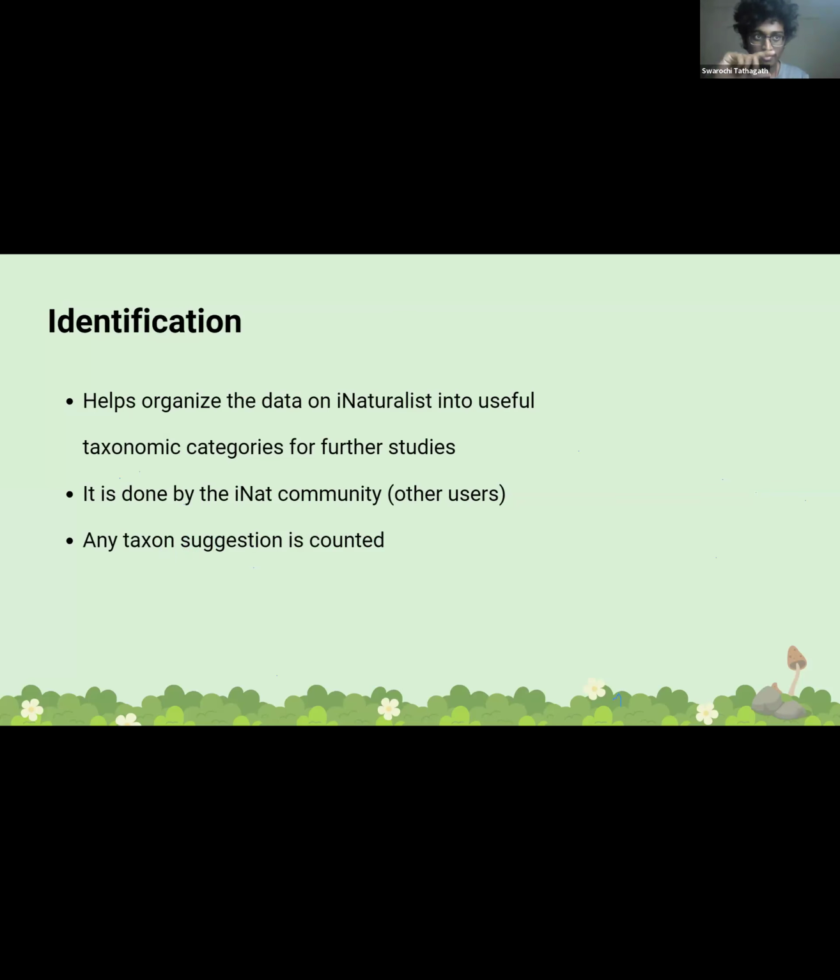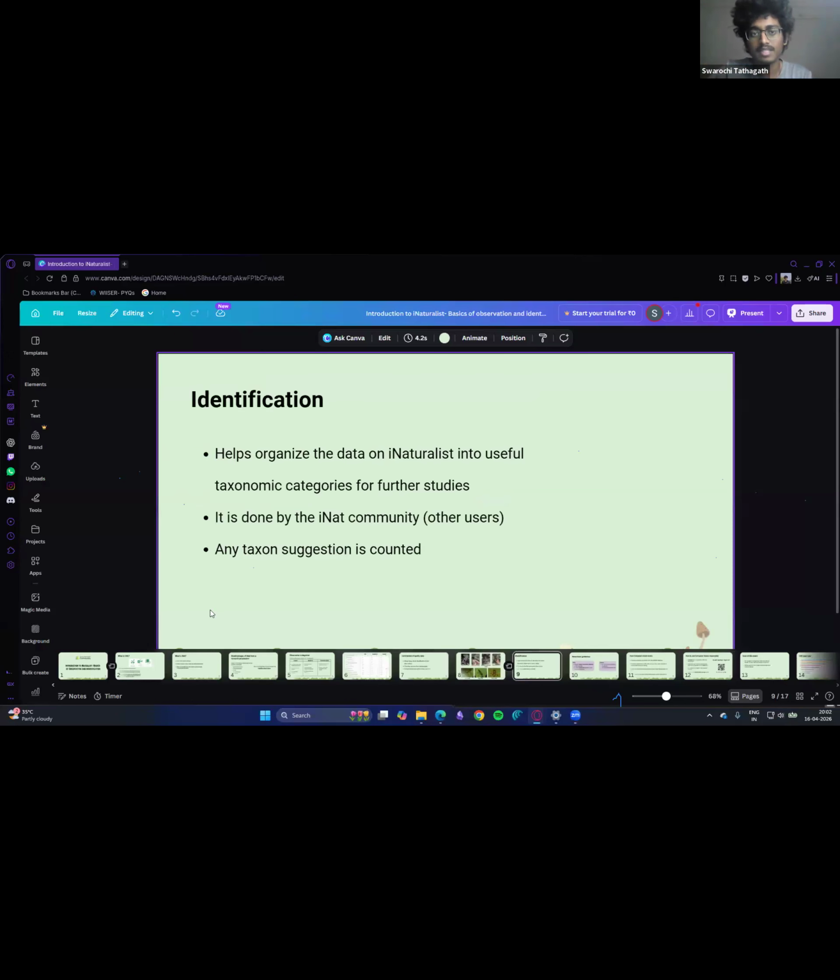This observation's community taxon will become vertebrate. Okay, because that I think is the common point between them, right? It goes back. It's neither over here, nor over here, it's all the way up here in the taxonomic hierarchy, right? So every single taxon suggestion that is given gets counted. Okay. And if your identification is in disagreement with everybody else's, it becomes a maverick ID.